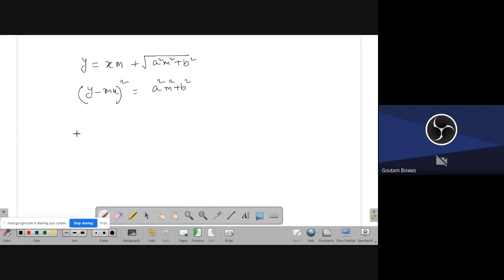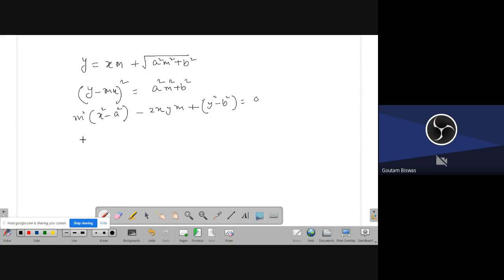So we can write it as m square (x square minus a square) minus 2xym plus y square minus b square equals 0. Now this is our equation, that is f(x, y, m).